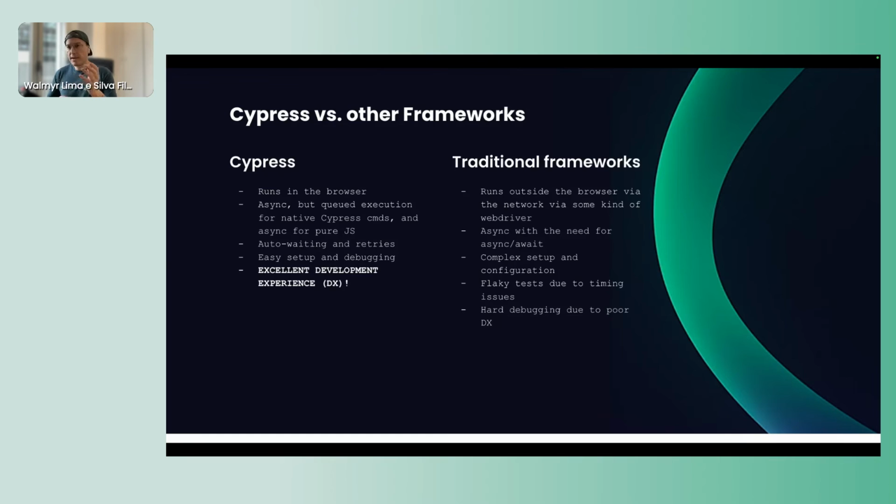And so it adds them all in a queue, and then it grabs the first one, executes it, and only gets the next one from the queue when the first one has resolved completely. So this allows us to create test commands, test steps, as if they were synchronous, although Cypress is running things asynchronously in the background.